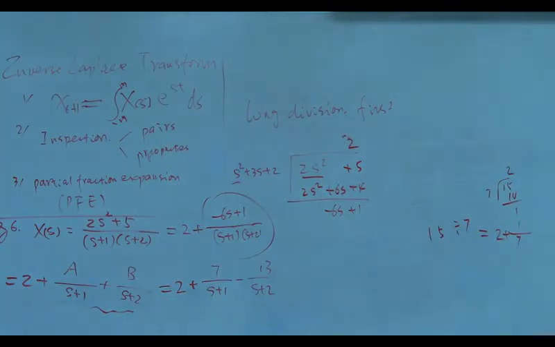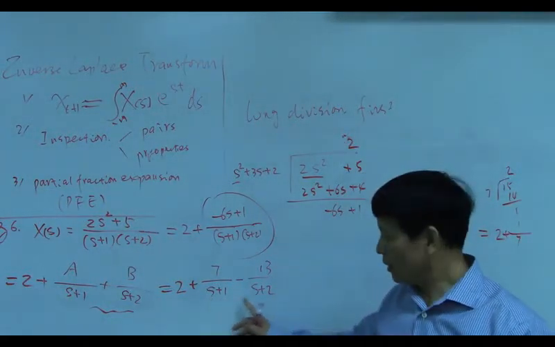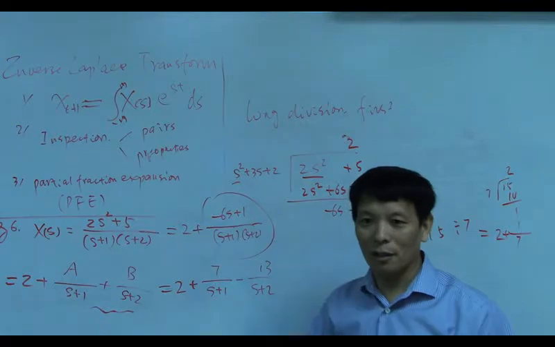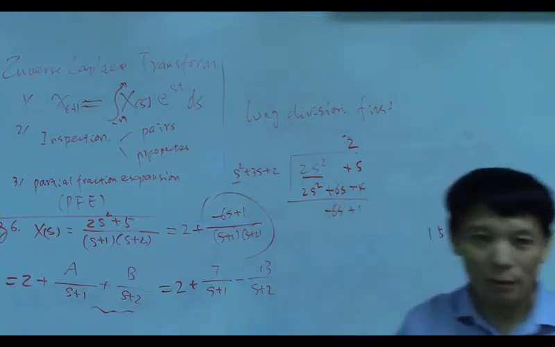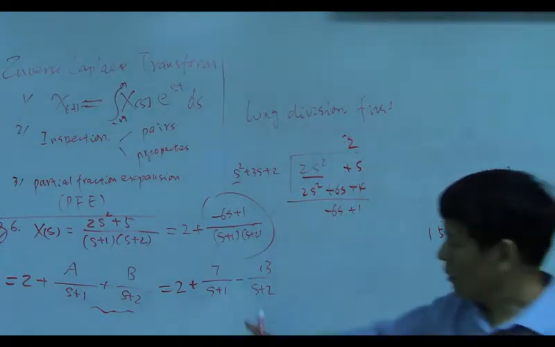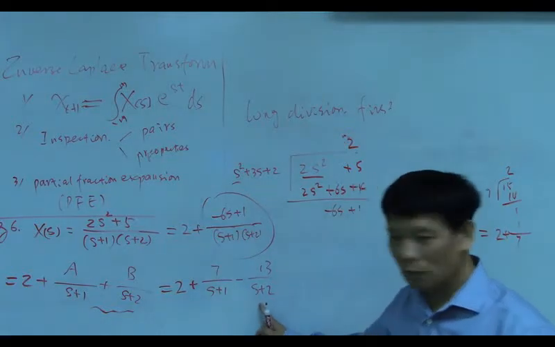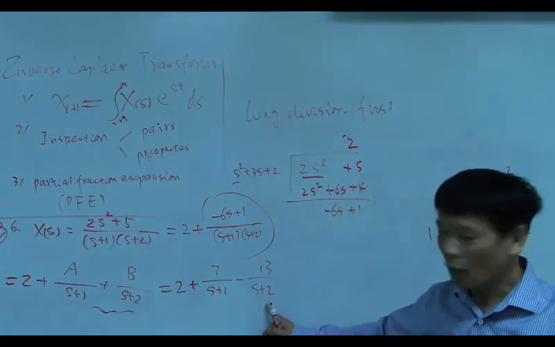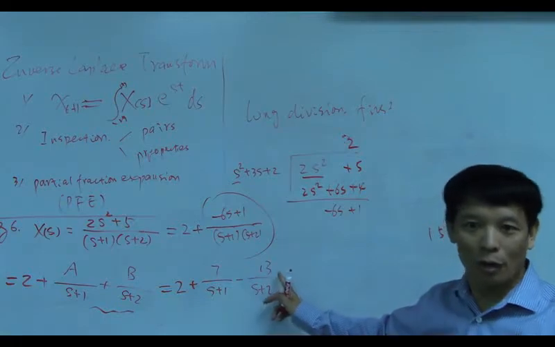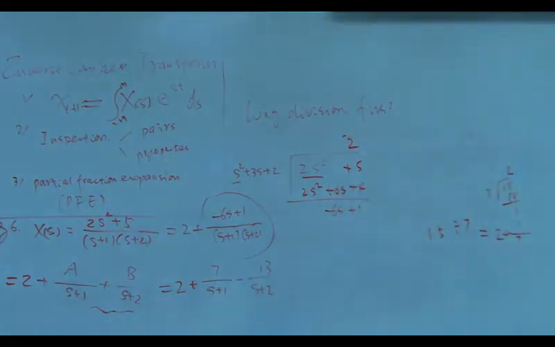Okay, now can you tell me what's the result? You can still use this part, use yours as this one. This one is good, but you need to add this term. What is this? This is e to the negative t times 7. This one is e to the negative 2t times negative 13. You already get this. What is the inverse Laplace transform of 2?